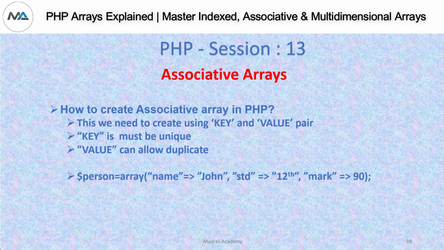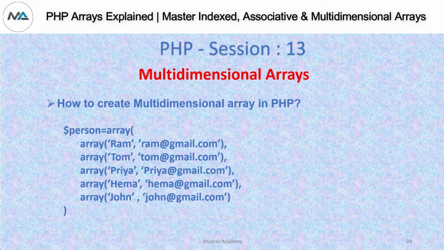So next, multidimensional array. If you create one or more array elements in a single array function, that type of array is called a multidimensional array. For example, here I have $person equal to array. Within the parenthesis, I create multiple arrays like this. Here I have a name as well as the email ID.